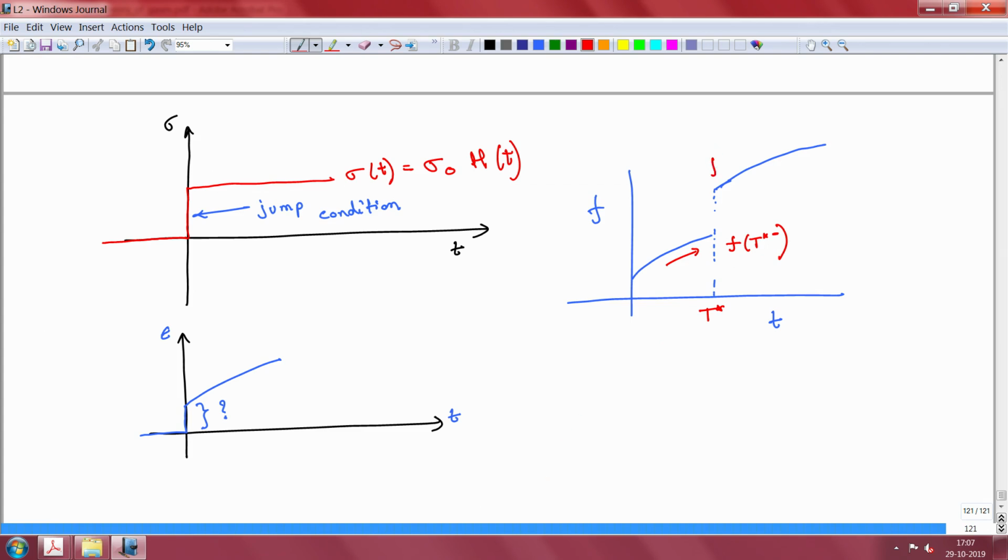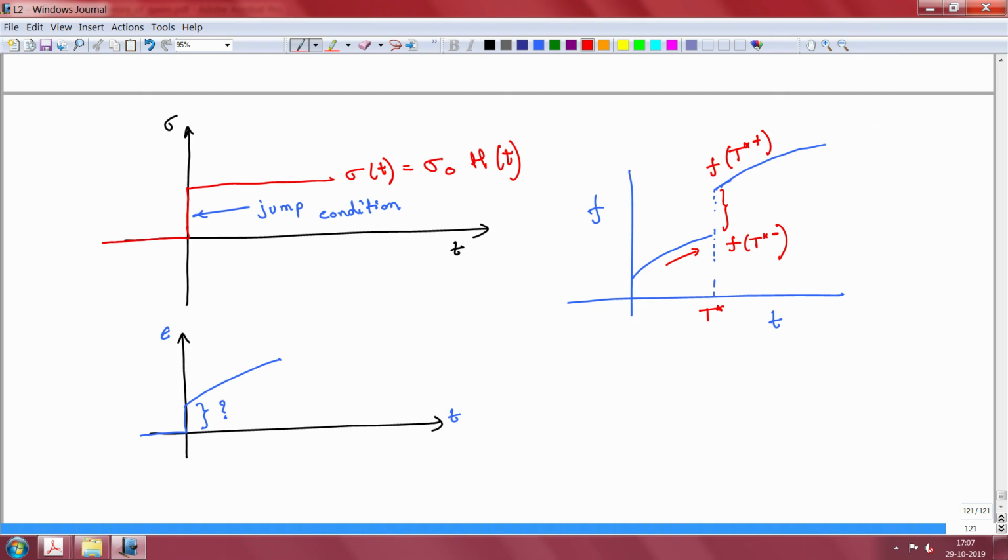And if you approach the same point from the right hand side, then you end up with a different limit, and this is your jump. This represents that jump condition.